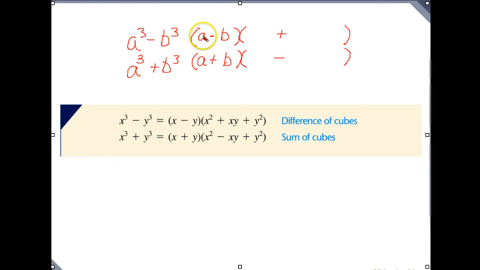And now you square this term, that goes right there. And it's the same for both. Now you multiply these two together, disregarding the sign, because this is going to be a positive AB. Multiply these together, AB. And then you square the last term.